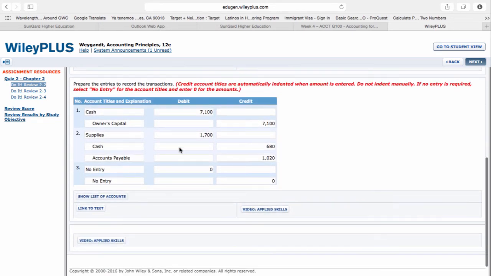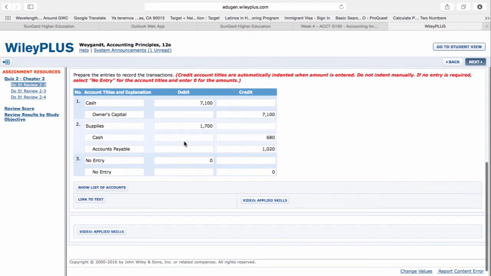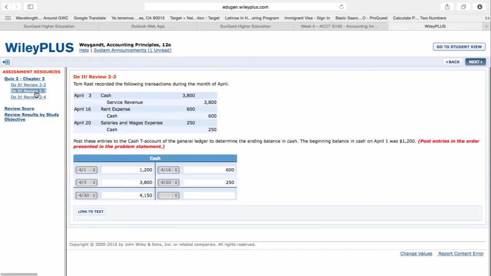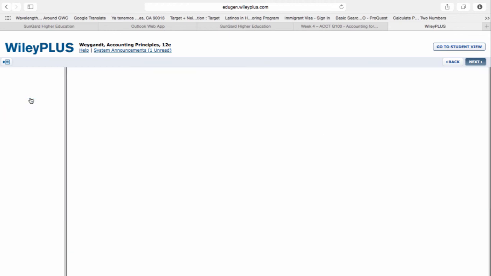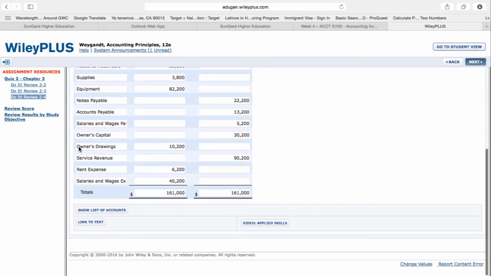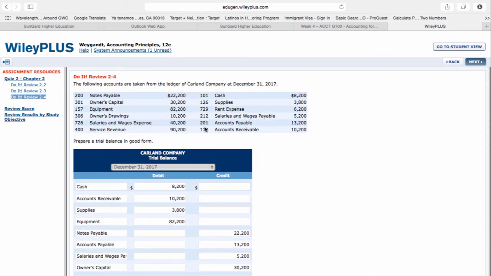They're going to ask you to prepare entries in the general journal. And that's it for that quiz problem. The other quiz problem is going to ask you to post some stuff on the T accounts. And the last problem is going to ask you for the trial balance based on these accounts here.